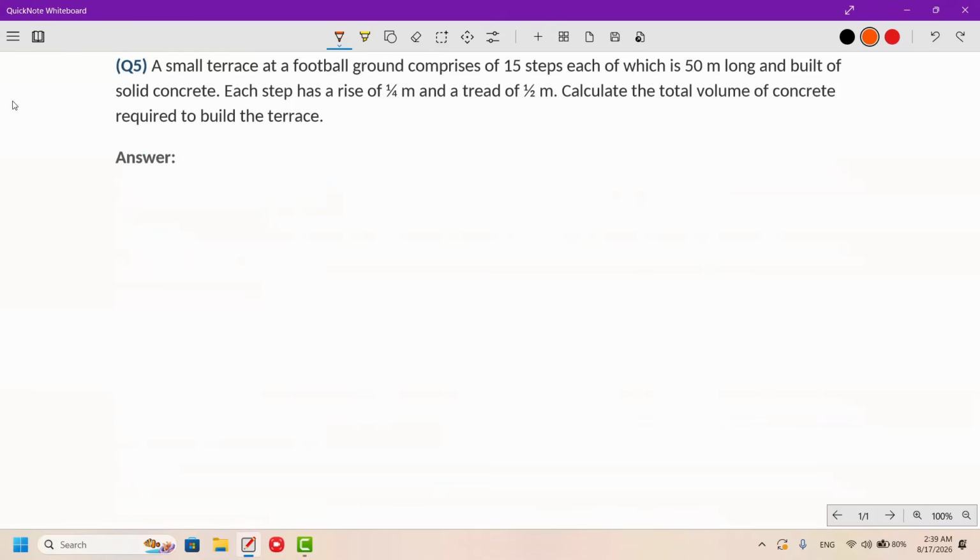A small terrace football ground comprises 15 steps. This kind of question, 15 steps means what is the value of 15? Is it n? So the first step is 1 upon 2 meter wide.